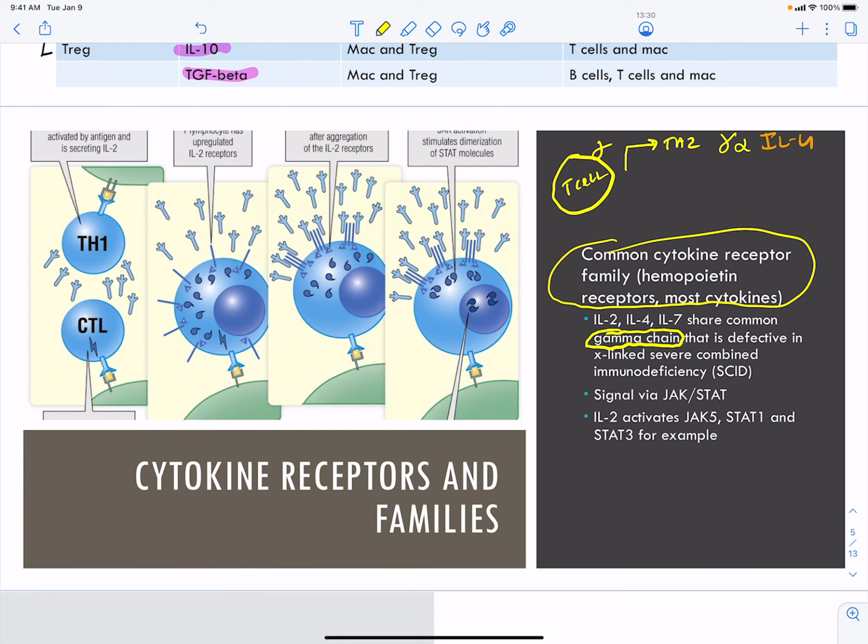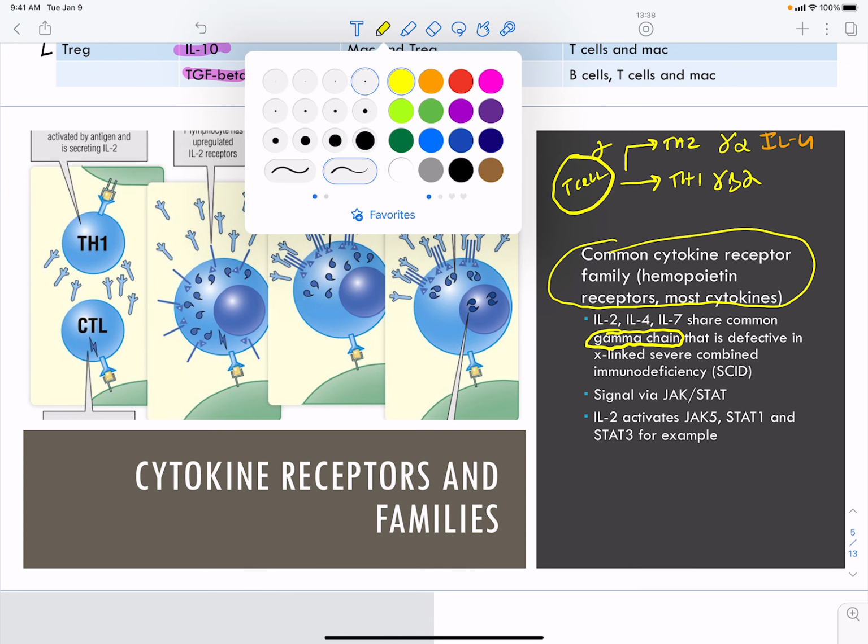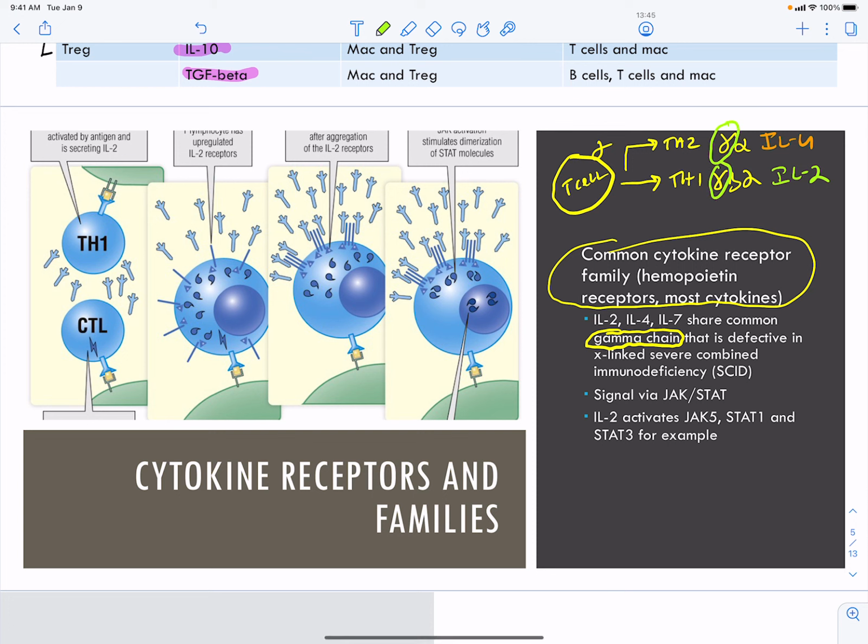If this is going to become Th1, you will have the gamma, beta, alpha for IL-2. And so what's common, though, is the gamma. That doesn't change. So that's called the common gamma chain. And so people who have deficiencies of this gamma chain have a disease called severe combined immunodeficiency, which is X-linked. And that's because they can't respond to any of these cytokines. They all share the same chain, and so they're not able to respond to this.